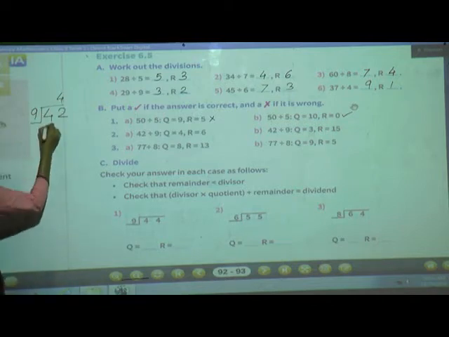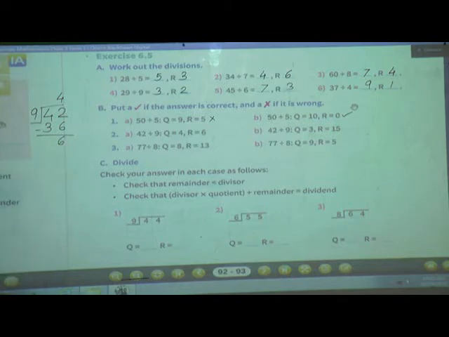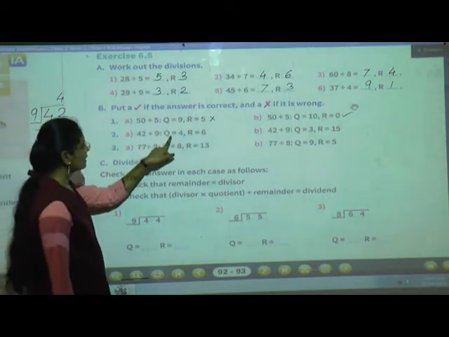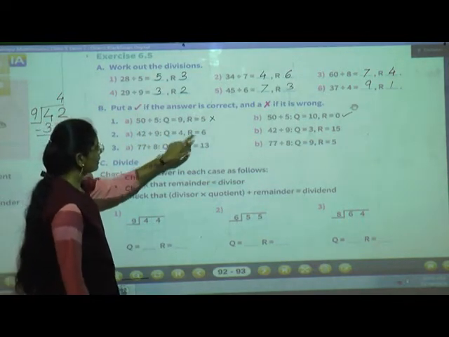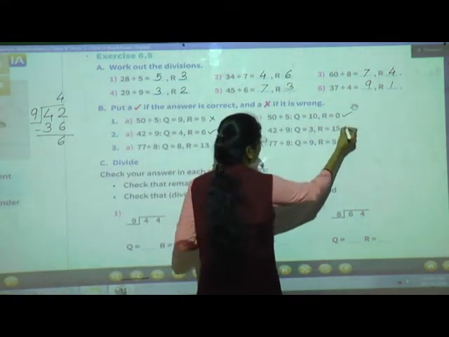Okay, 9 fours are 36. Then do the subtraction. 42 minus 36. 6 will remain. Now what quotient did we get here? 4 and remainder 6. So 42 divided by 9 gives quotient 4 and remainder 6. This means this one is correct and the other will be wrong.